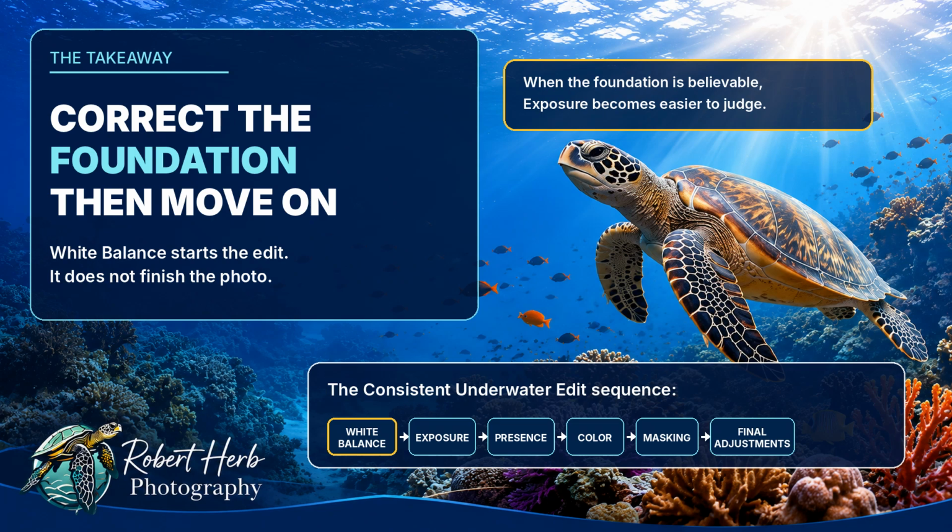Exposure prepares it for presence. Presence prepares it for color. Color prepares it for masking. Masking prepares it for the final adjustments. When you work in this order, you are not guessing from slider to slider. You are making one decision at a time in a sequence that helps each step make the next step easier.